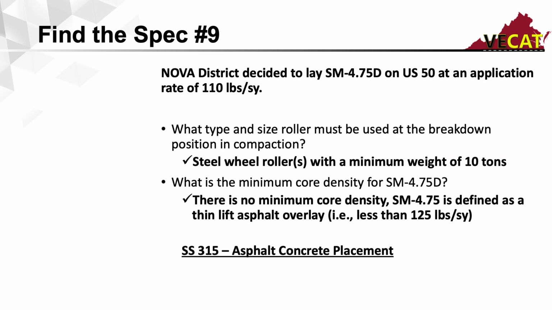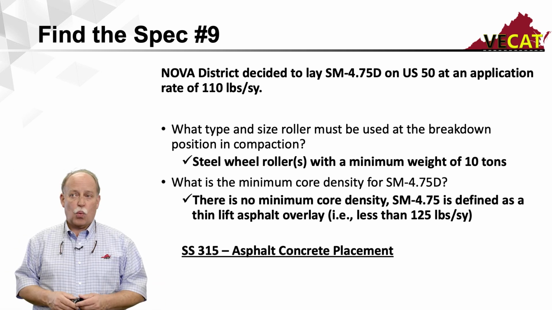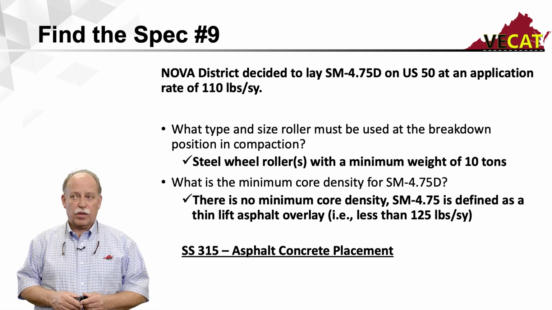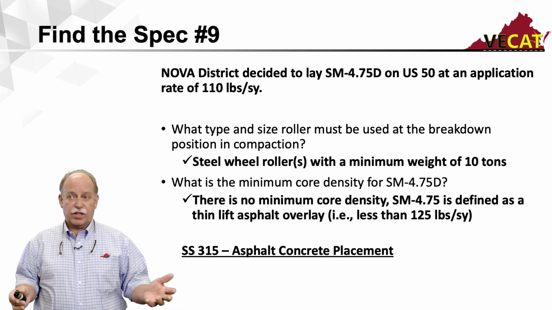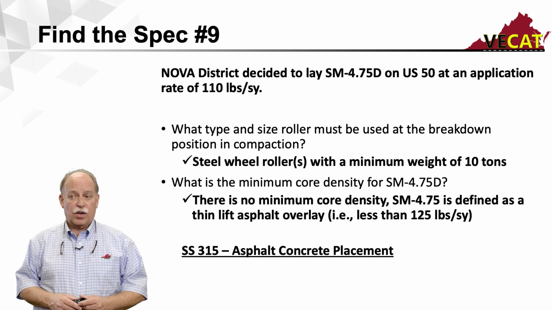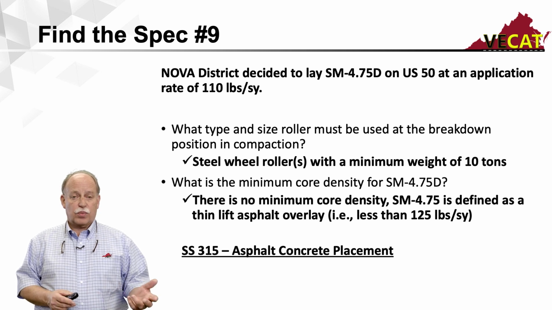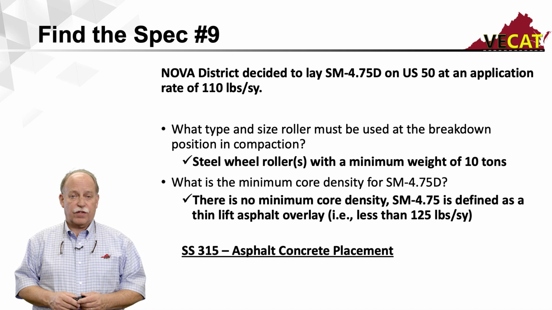Here's the answer for this question. We got Northern Virginia District laying down that 4.75 on Route 50 at 110 pounds per square yard. First question was, what type and size roller must be used in the breakdown position? Well, the answer to that is it has to be a steel wheel roller, and it has to have a minimum weight of 10 tons. Second question was, what's the minimum core density for an SM 4.75D?